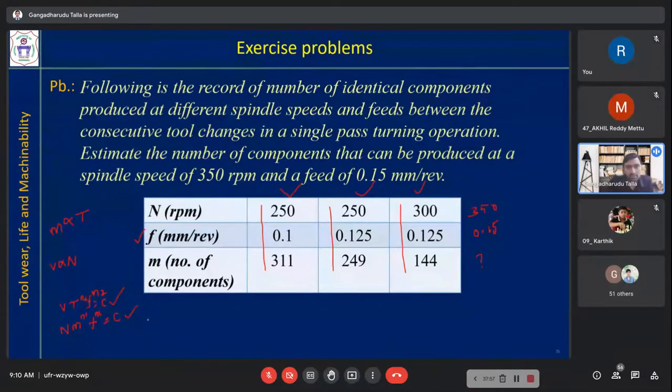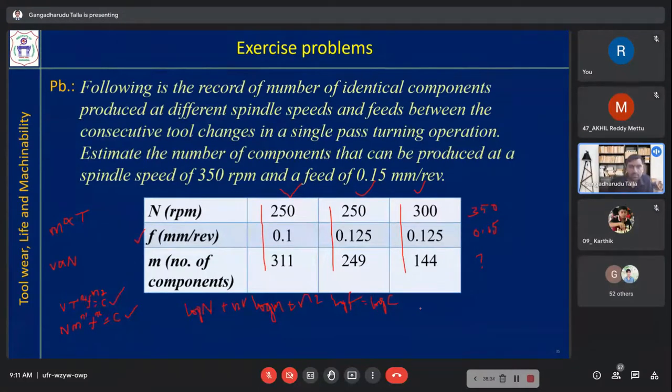Like if you are applying logarithm here, it will be log N plus n1 log M plus n2 log F equal to log C. So you can put those values and you will get three straight line equations.